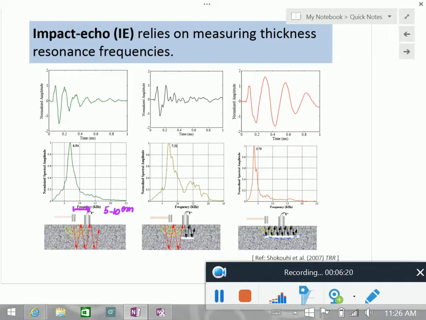So if the thickness is, let's say, d, we call this the thickness resonance frequency. It's roughly the compressional wave velocity over 2 times d.